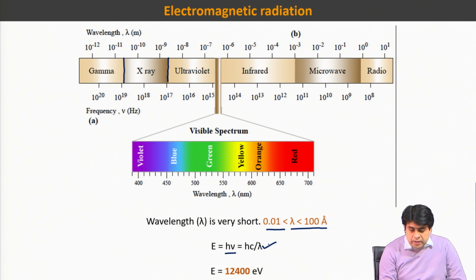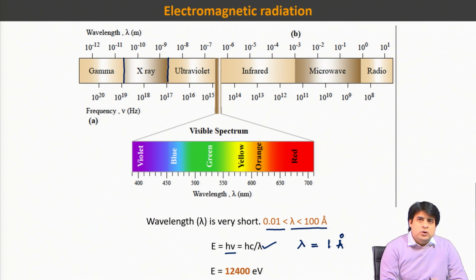If you consider this electromagnetic radiation in the X-ray region with a wavelength lambda equal to 1 angstrom, and you calculate the energy of this radiation, that will be very close to 12,400 electron volt.